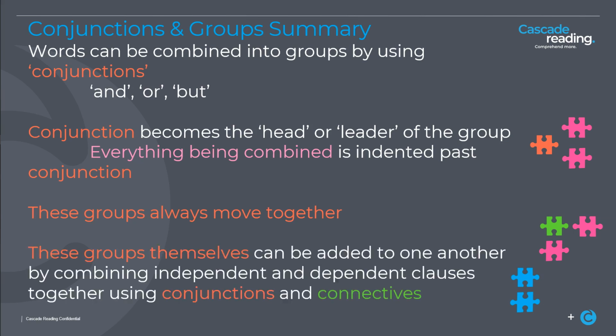These groups themselves can be added to one another by combining independent and dependent clauses together using conjunctions, but they can also be added using connectives. And so if you have a connective, a dependent and independent clause, you can combine those without you needing any conjunction. But if you're combining 2 independent clauses, you need a conjunction in order to combine them.